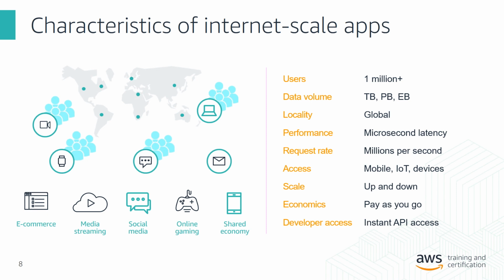Data volumes can reach petabyte and exabyte levels in short order. Performance is often measured in milliseconds and microseconds. On average, the app serves millions of requests per second, and on big days, think about Amazon Prime Day, Cyber Monday, could process tens of millions of requests per second.